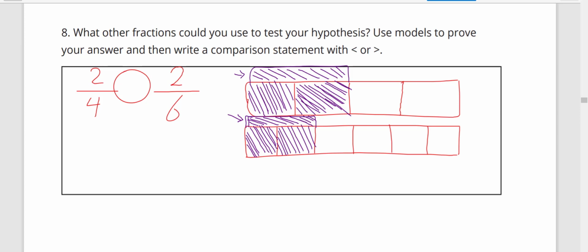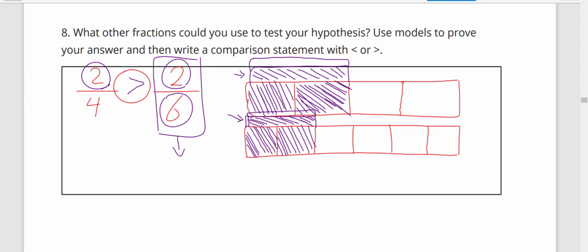This fraction is more than this fraction. So 2 over 4 is more than 2 over 6, because the numerators are the same, and the greater the number in the denominator, the smaller the fraction.